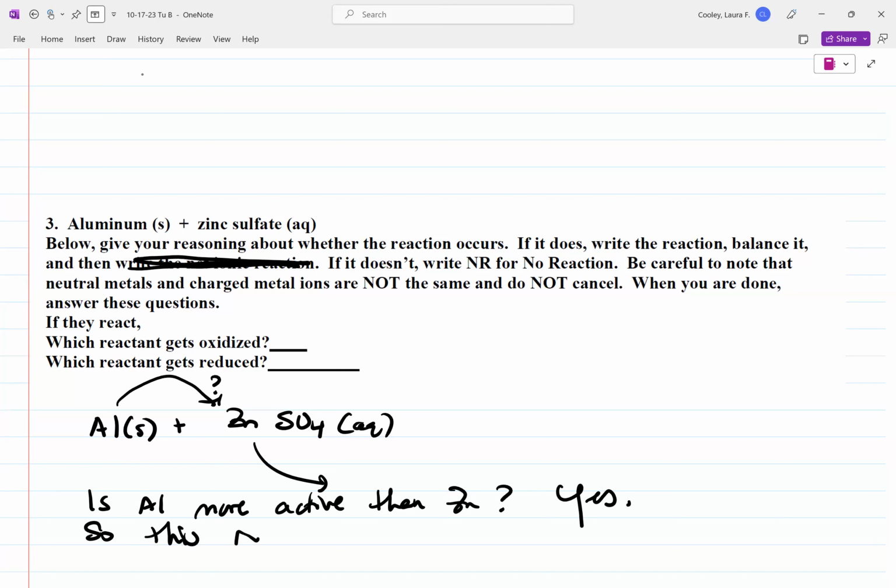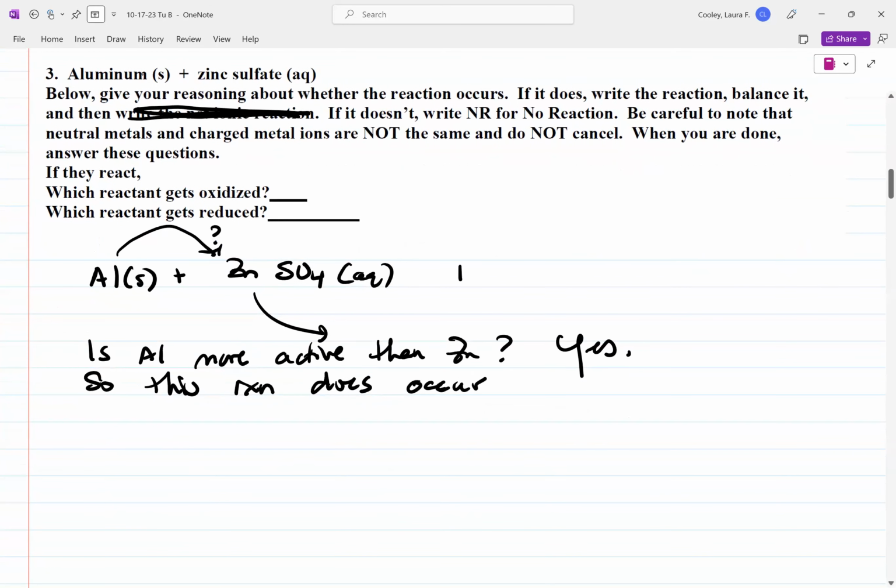So this reaction does occur. The thing is, here, you have to get the compounds right. And you have to know that aluminum in an ion form, which is what happens when aluminum gets oxidized, is +3. So you have a compound with aluminum and sulfate, and that compound is this.